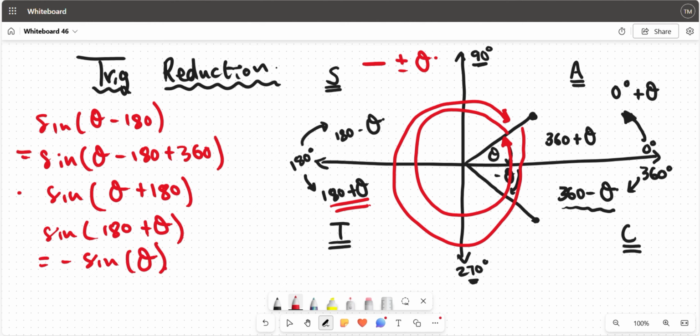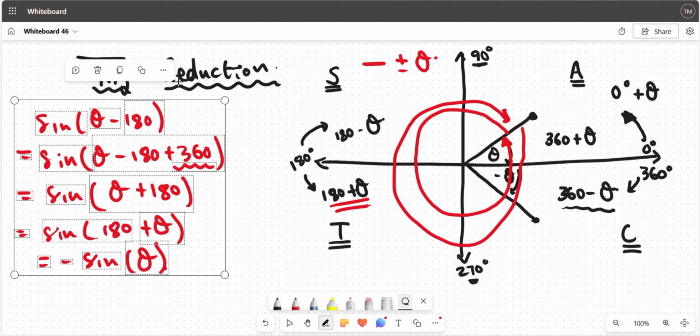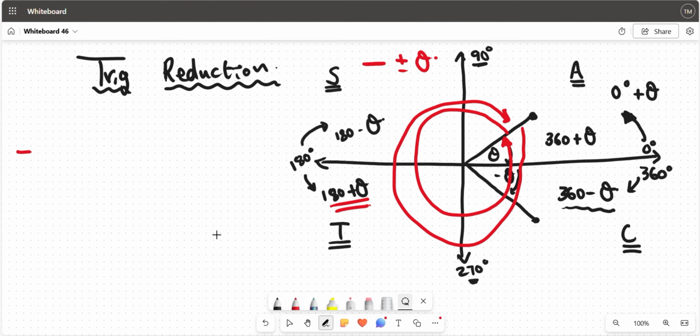So adding or subtracting 360 is a useful tool to use whenever you're doing these reductions. Let me show you another example where this is useful. Another example is if we have sine of 450 plus theta. Clearly this is greater than 360. So instead I could reduce it by just subtracting 360 in that bracket.